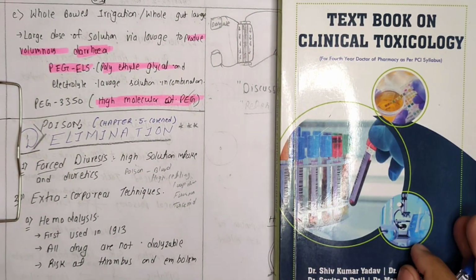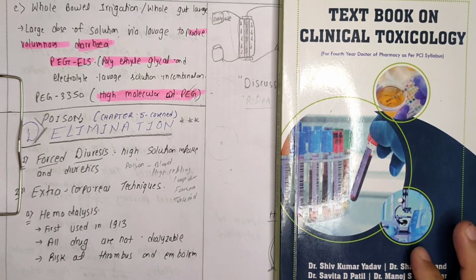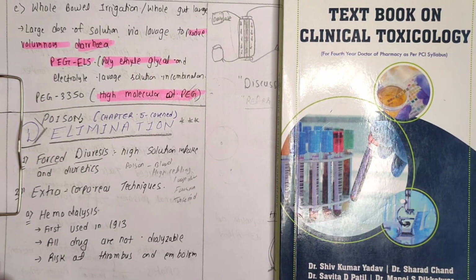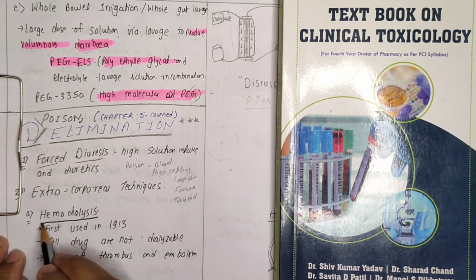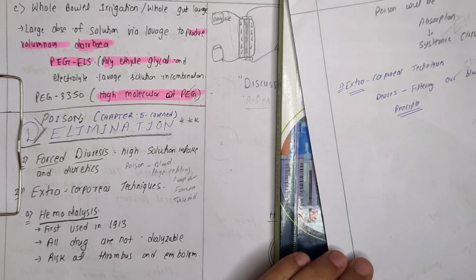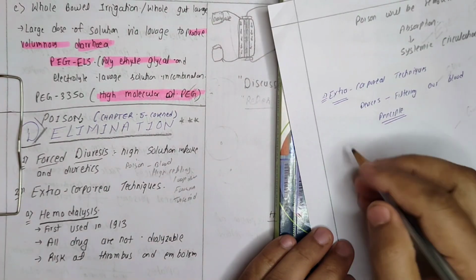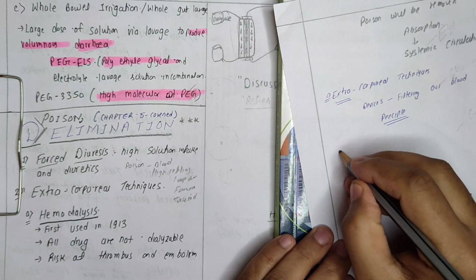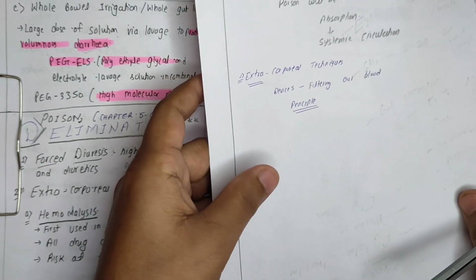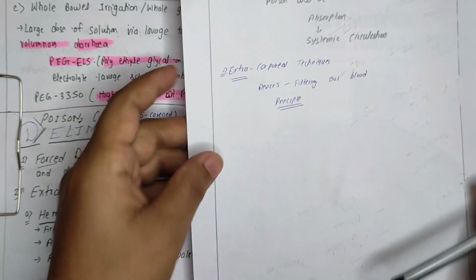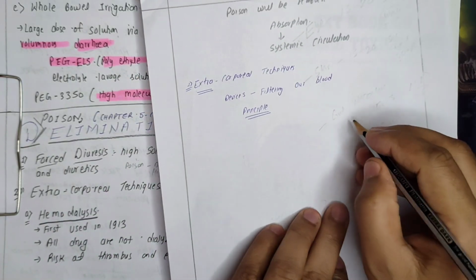Now coming back to the topic, in the extracorporeal technique, the most commonly used and widely preferred technique is hemodialysis. Hemo means blood, dialysis means to filter. Here we will try to filter the blood. I will try to explain this with a particular example. All of you please pay attention.